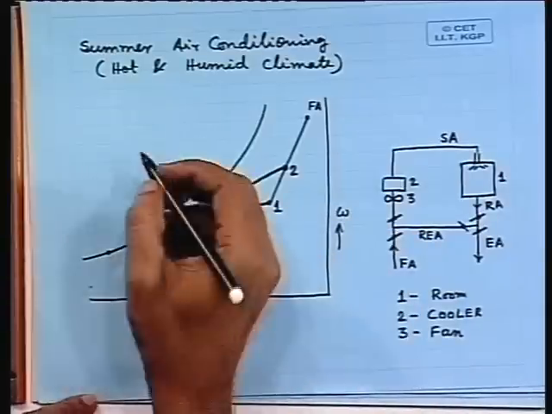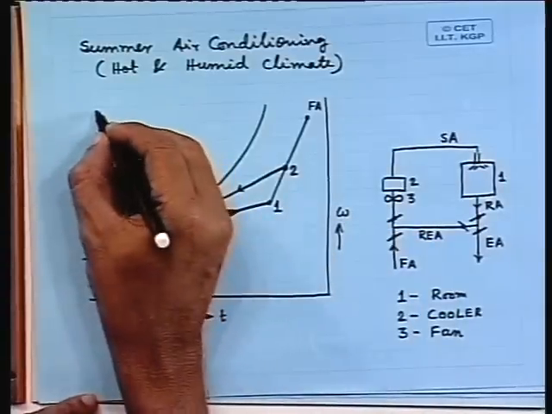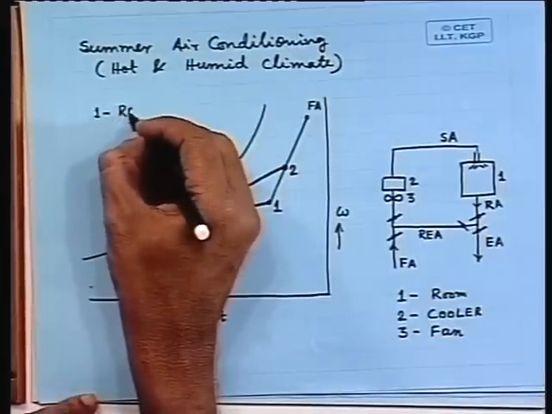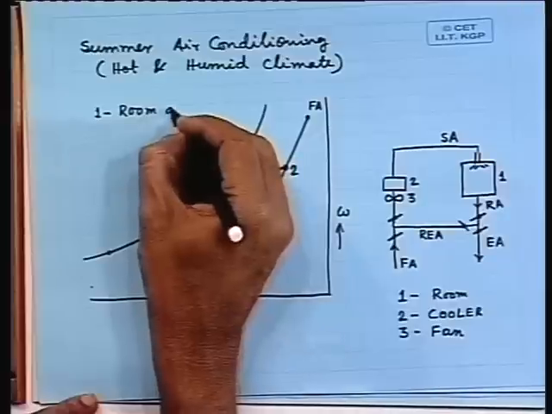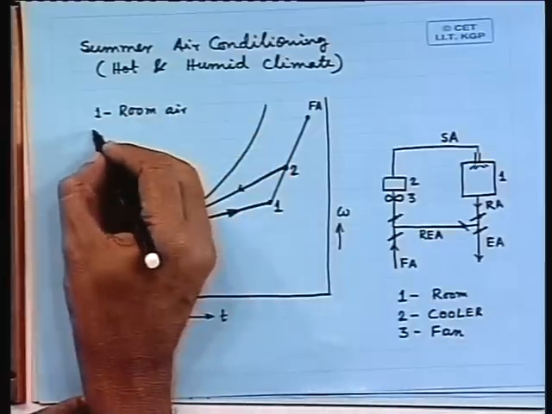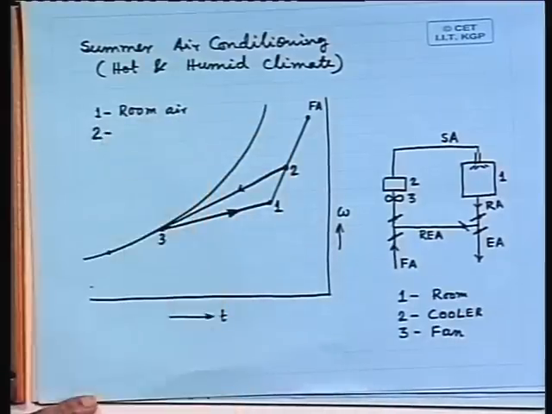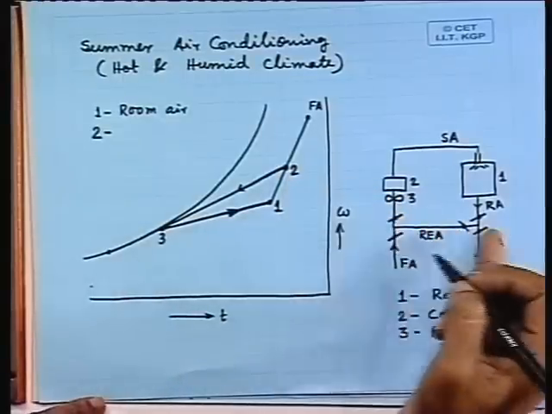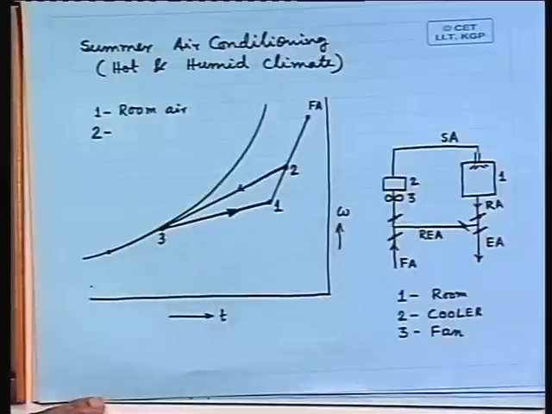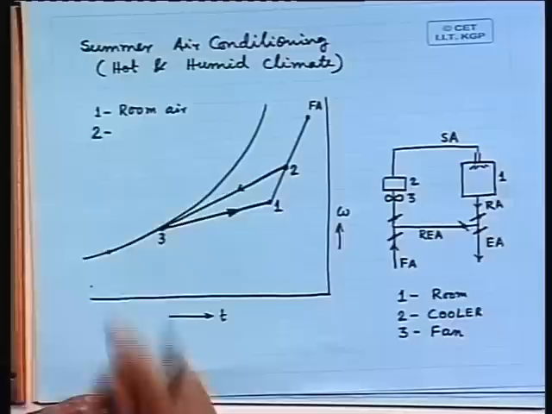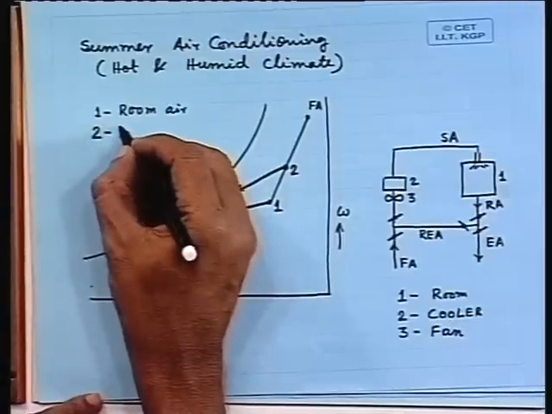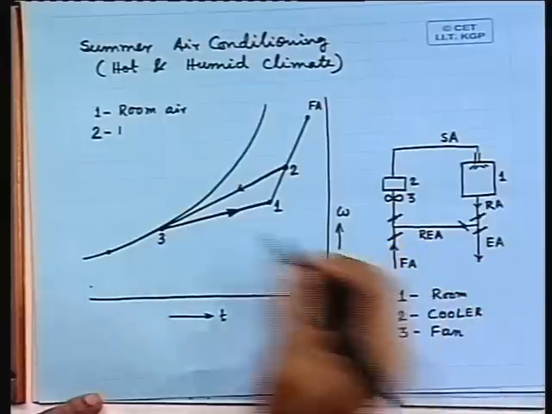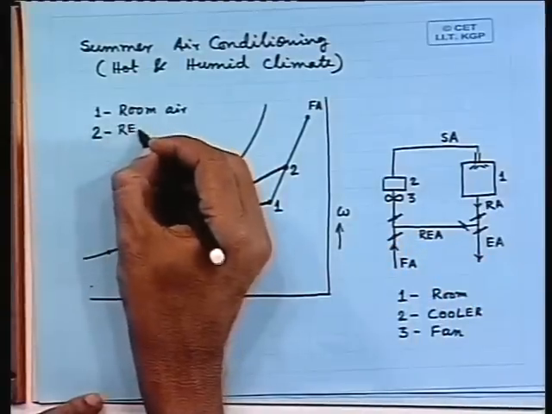So, we can call 1 the room air. 2 is the recirculated air, which is being recirculated over the machine, so let us call it the mixture of recirculated air plus fresh air.